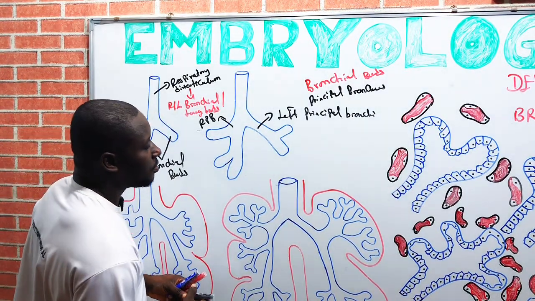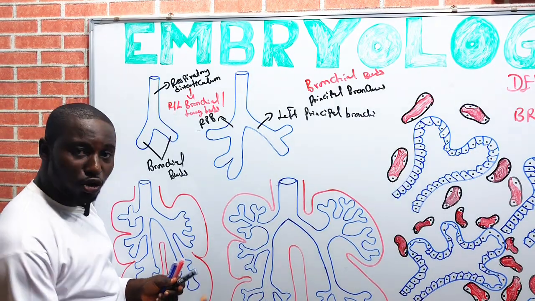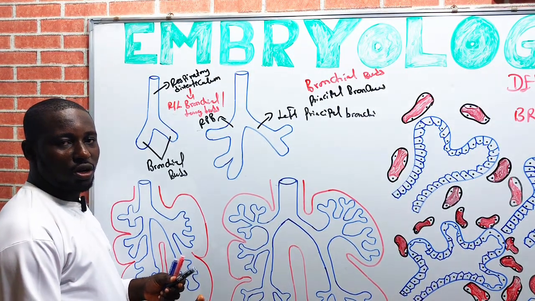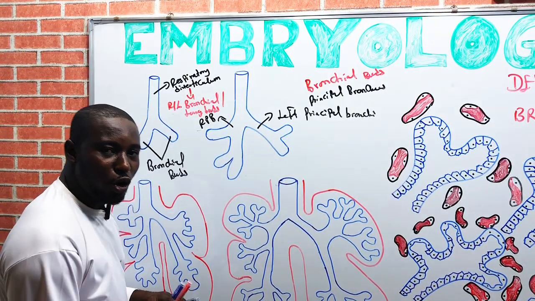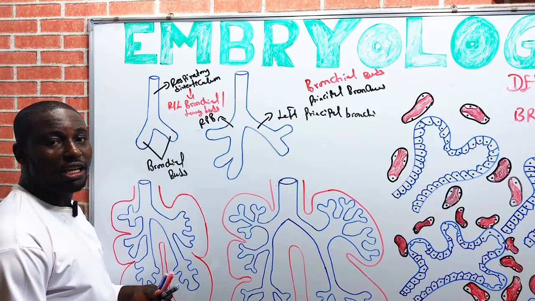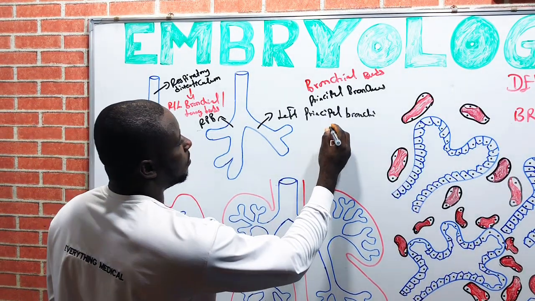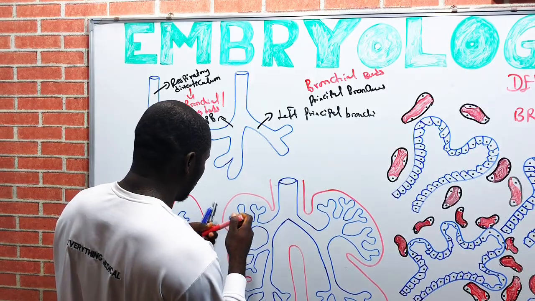Now, the principal bronchus becomes subdivided to form the secondary bronchus, right?